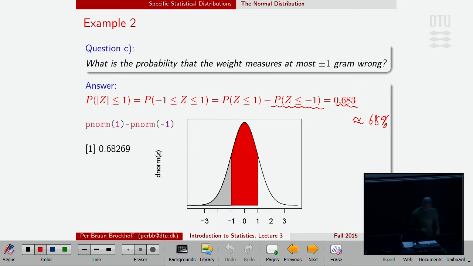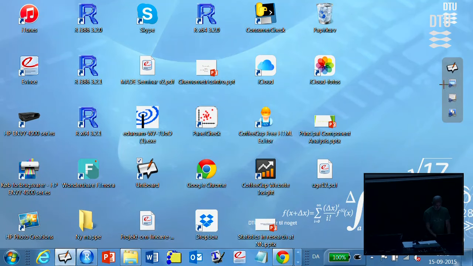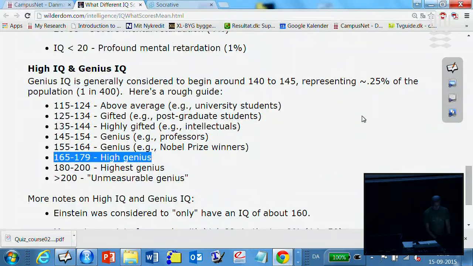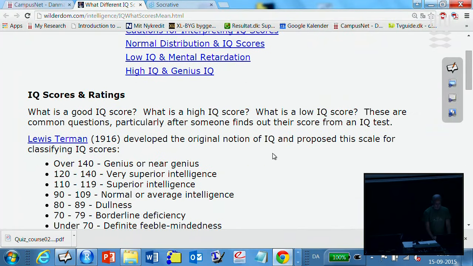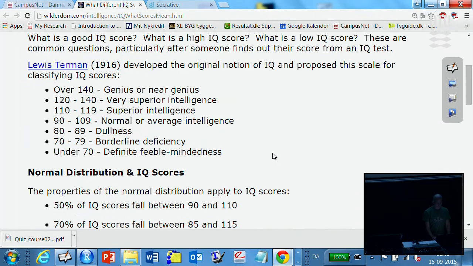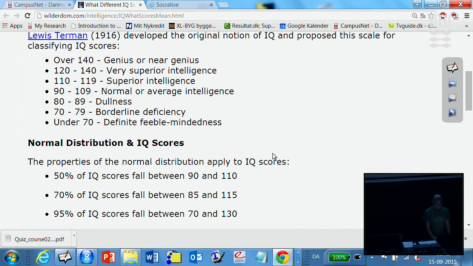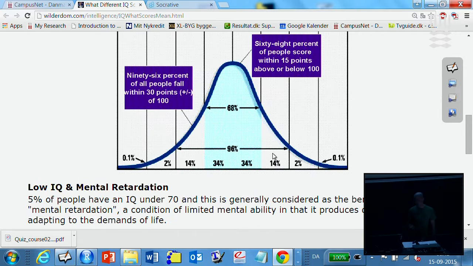The other example, example 3, we take after the break, and instead let's go back to this one. What I have actually shown you is more or less what they show in this picture also.